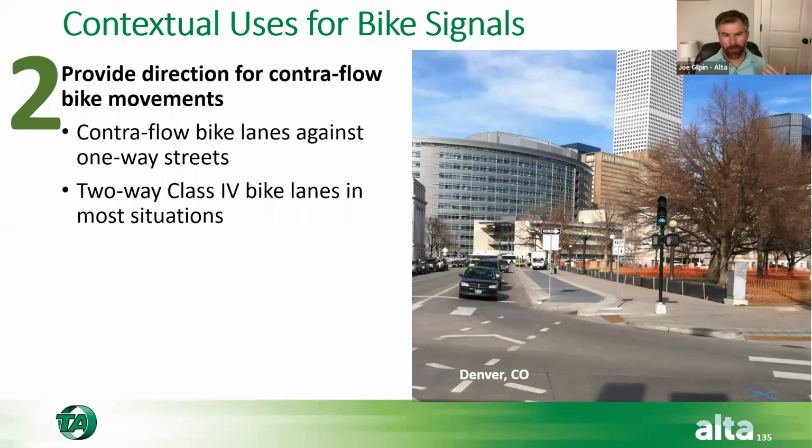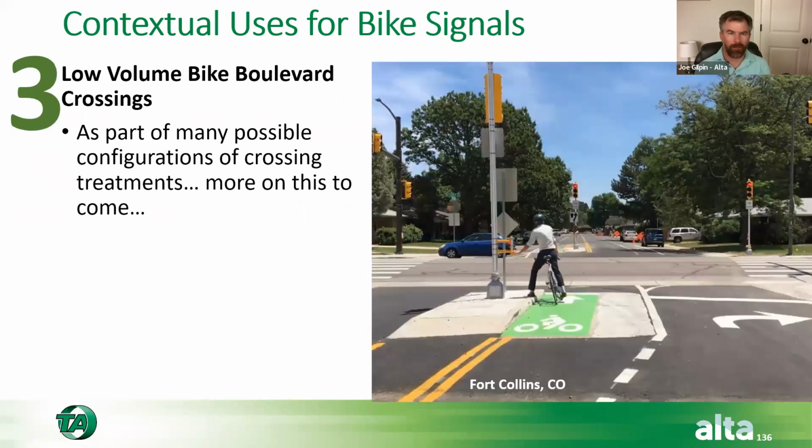This bike lane would have had to do a really circuitous, weird movement to go around this, so they just allowed bicyclists to come through, and the bike signal controls that contraflow direction. We need to have some level of guidance at a signalized intersection for bikes, and that can be a place to use them. There are a lot of examples of contraflow facilities for bikes using bike signals.